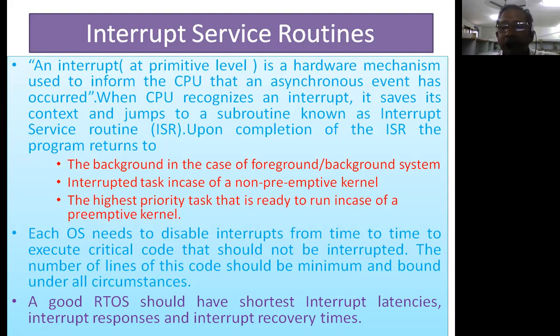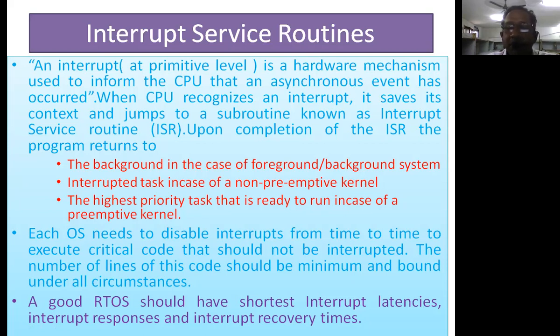An interrupt is totally an asynchronous signal from an external device. When the CPU recognizes an interrupt, it saves its context. What is going to happen in an interrupt? It is something like calling a function. When you call a function, what happens? Similarly, when an interrupt is addressed by a CPU, what happens?